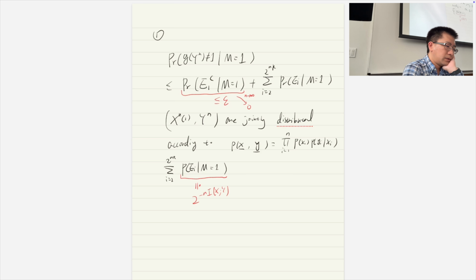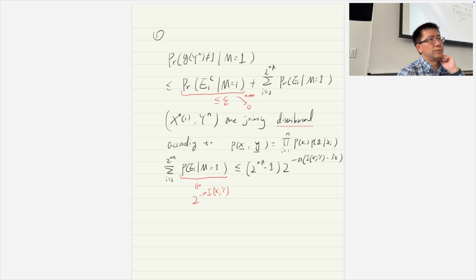Okay, so based on that, we can say this term is less than or equal to, because now it's roughly equal, but we can have an upper bound, which we need to make a little bit bigger. There are in total 2 to the power of nR minus 1 terms, and this is less than or equal to this term with minus 3 epsilon.